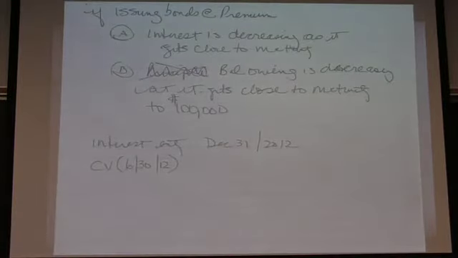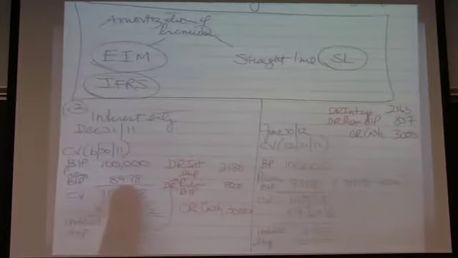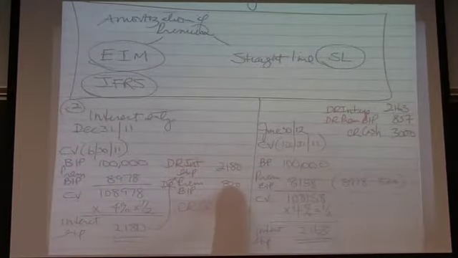Right? So we know that the bonds payable, the liability is 100,000. But what is the premium? The unamortized premium. Well, remember we started with 8,978. We amortized 820, and we amortized 837.